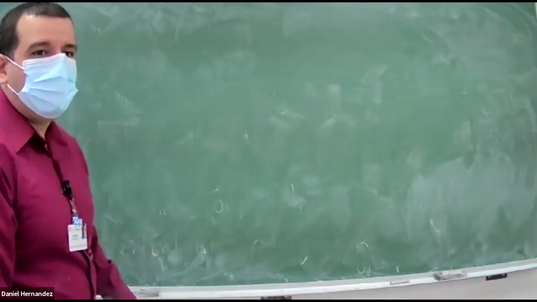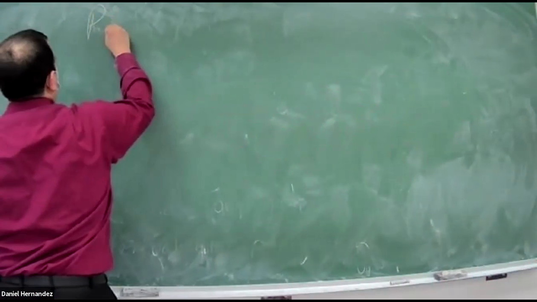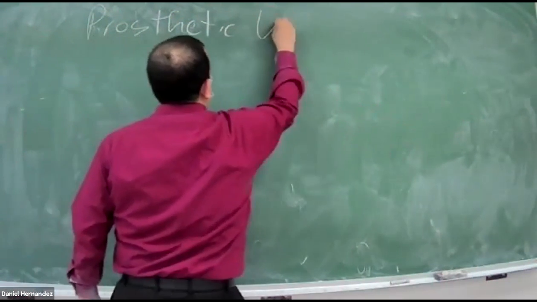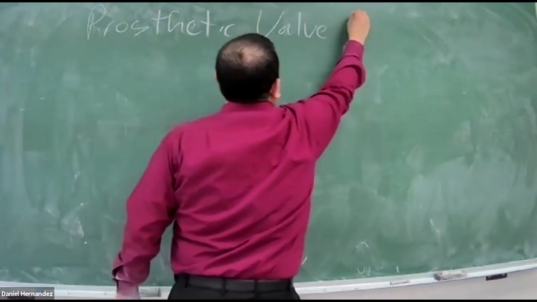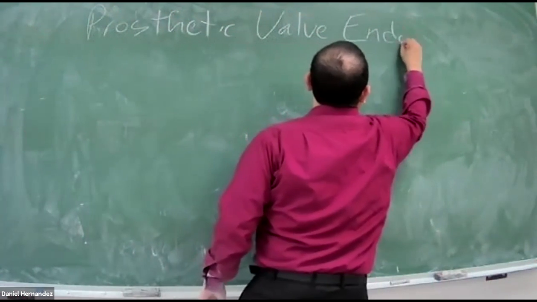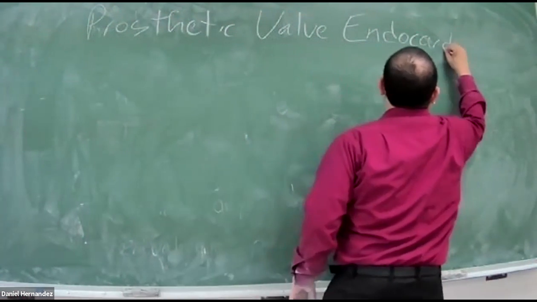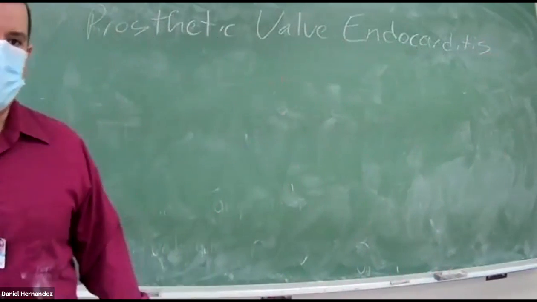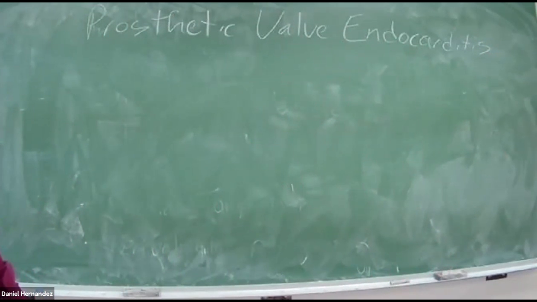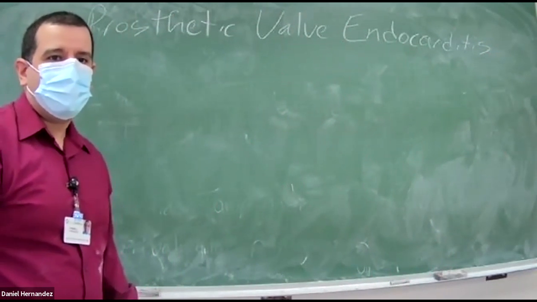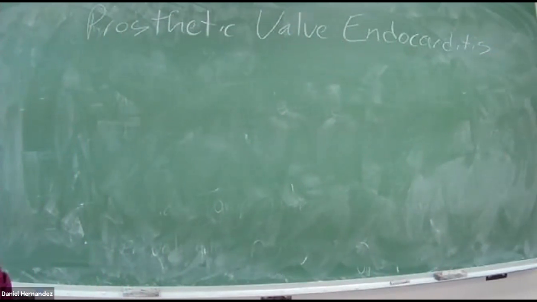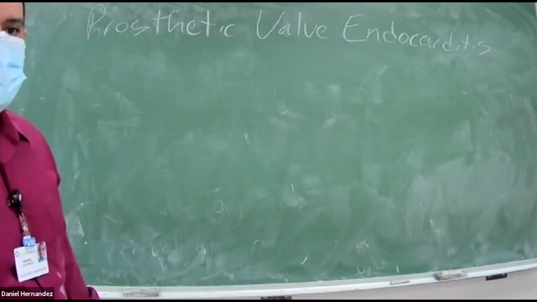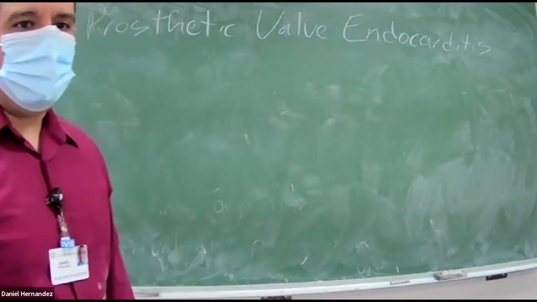So, prosthetic valve endocarditis. Vegetations on prosthetic valves are difficult to diagnose due to the highly reflective nature of the valve and shadowing created by the prosthesis.